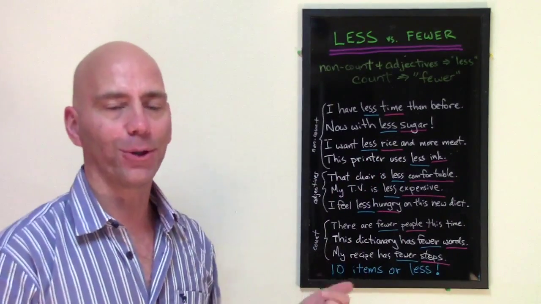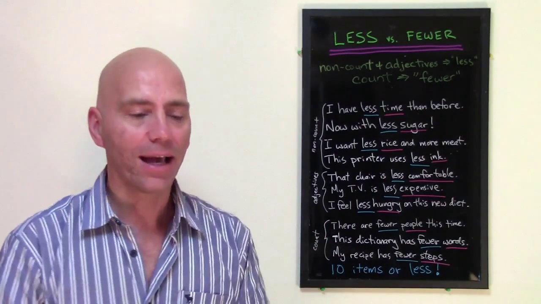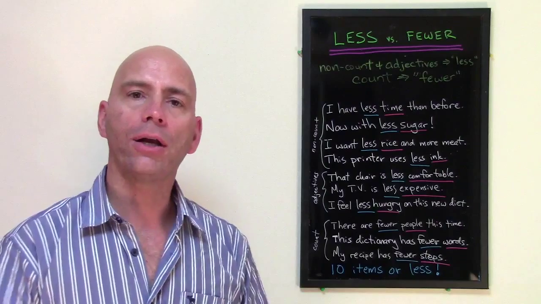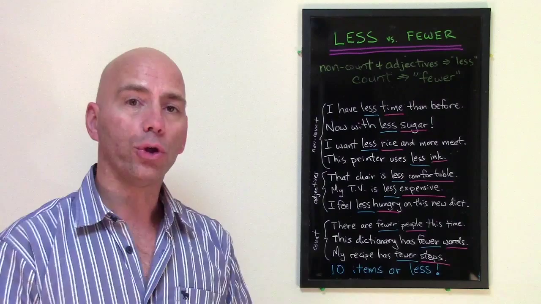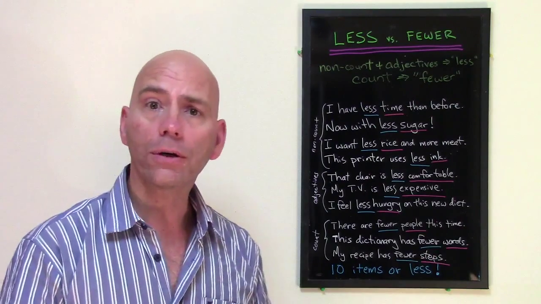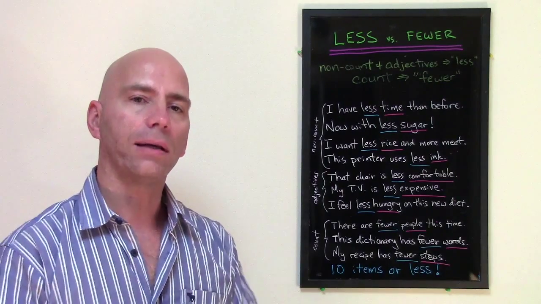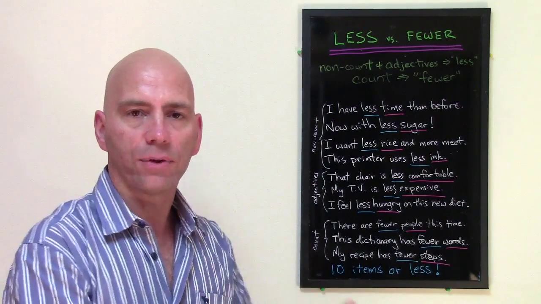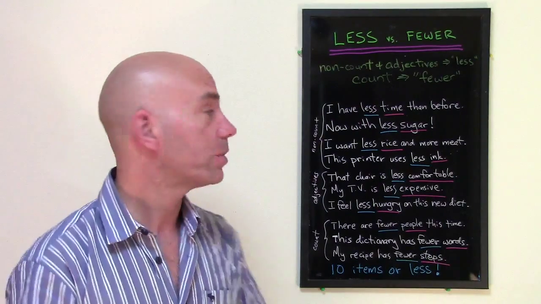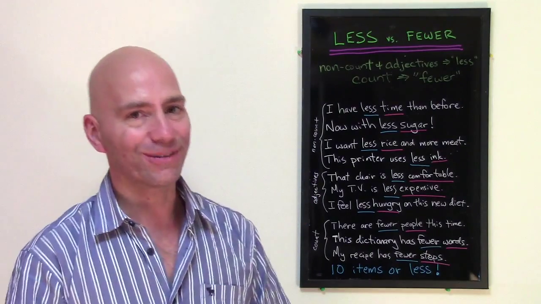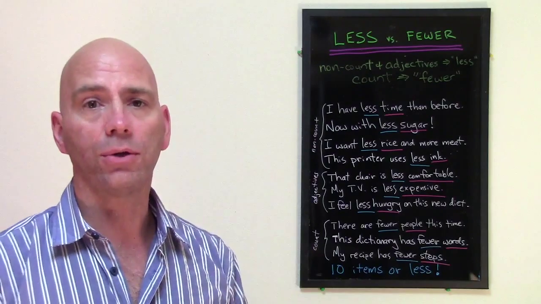That's not something you would normally say in conversation, but you might see this on a product at the supermarket, maybe something that usually contains a lot of sugar, maybe sweets or desserts, and it's advertising a new product that has less sugar than before. So now with less sugar, not fewer sugar, because sugar is something that you don't count.